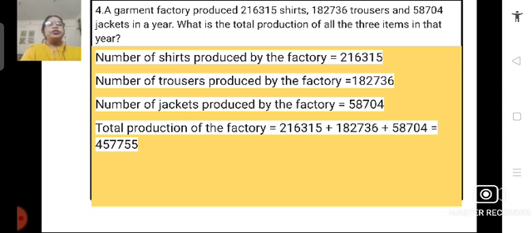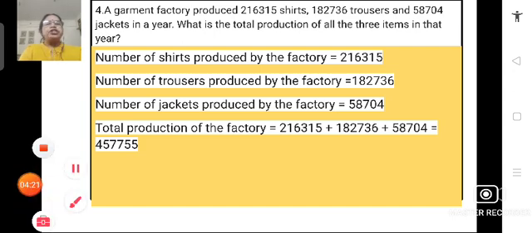A garment factory produces 2,16,315 shirts, 1,82,736 trousers and 58,706 jackets in a year. What is the total production of the 3 items in that year?